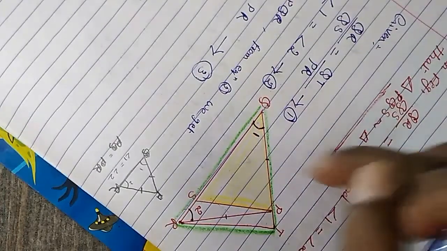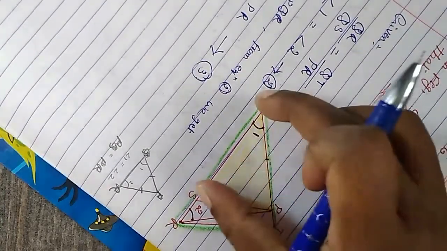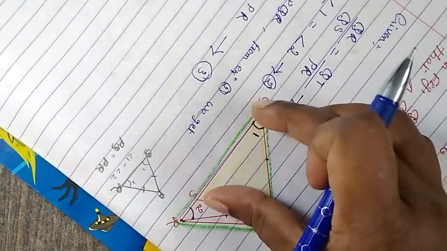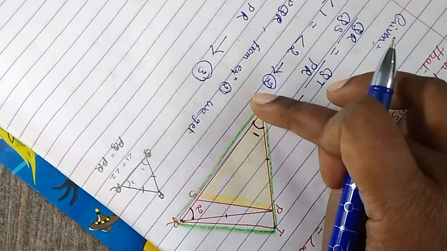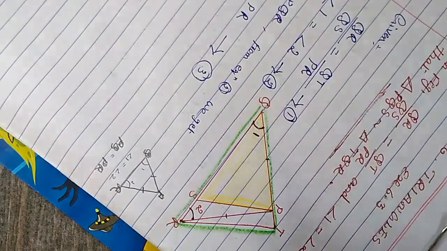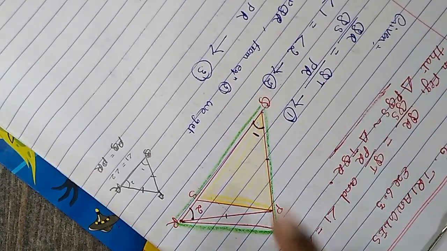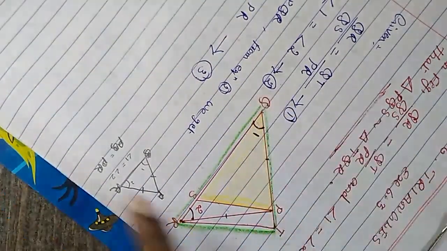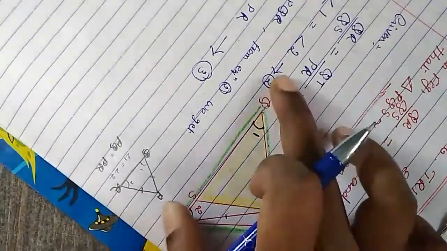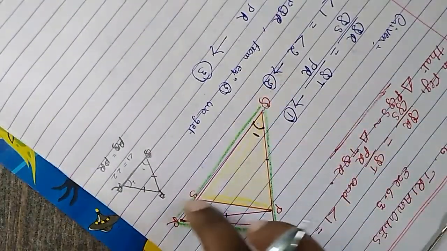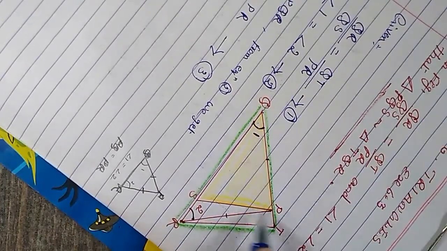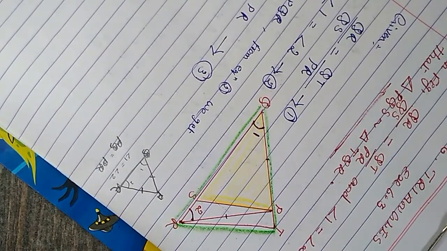There are two different triangles. The yellow color triangle is the small triangle, the green color triangle is the big triangle. So you see the ratio that is given to us. I'll draw it separately this way. QRT, and this is PS, right? For yellow color it is PS. So I'll just draw it separately.